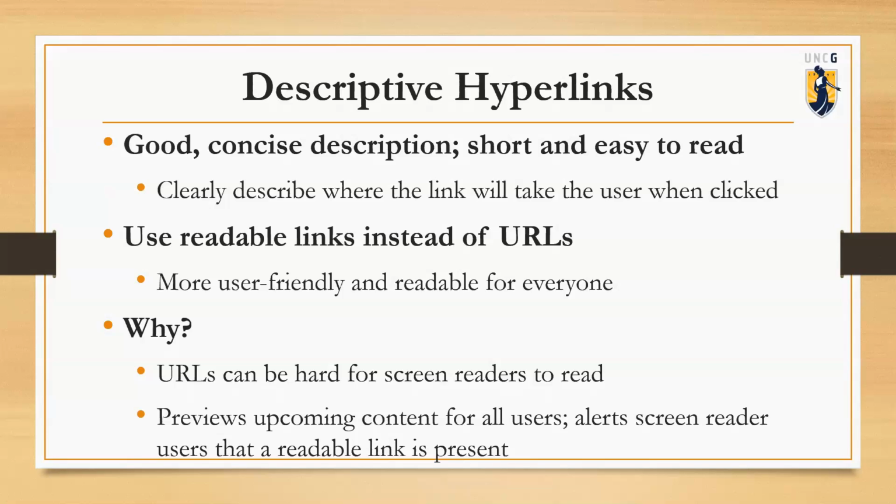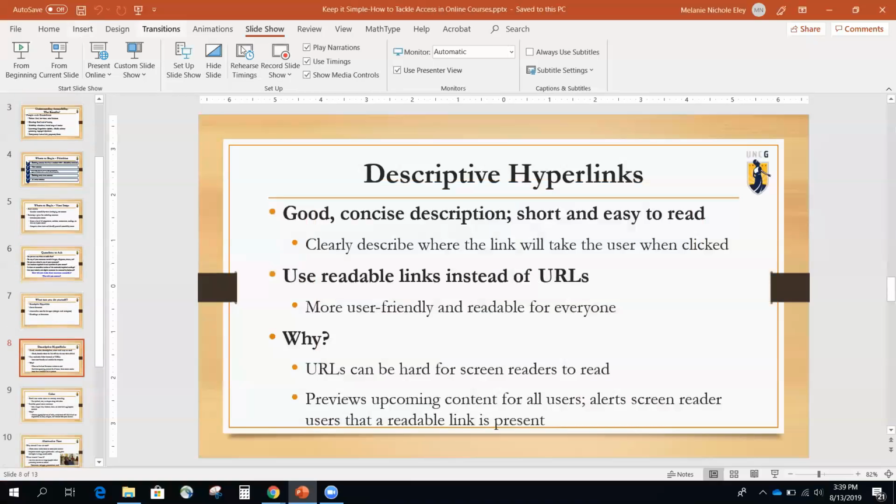It will also, with the screen reader, provide an audible alert that a readable link is present. And I do just want to show you real quick how fairly simple it is to do this. So I'm in my PowerPoint and I am going to make the word readable in that second bullet. I'm going to make that a link.